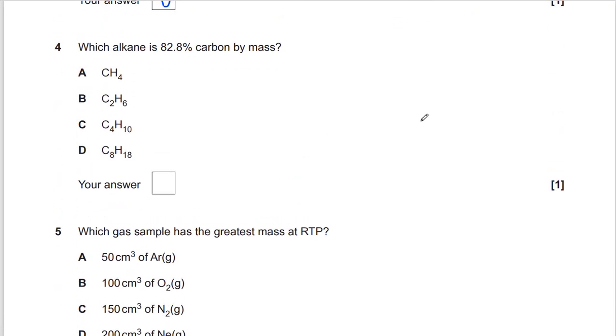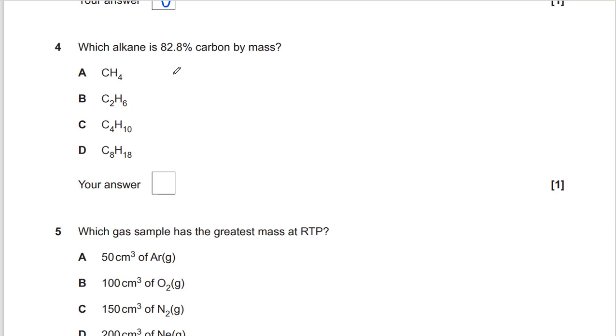Right. Which alkane is 82.8% carbon by mass? The easiest way to do this is to simply add up the molar masses of all of them. It can be a little bit of a drag here, but let's just take CH4 for example.